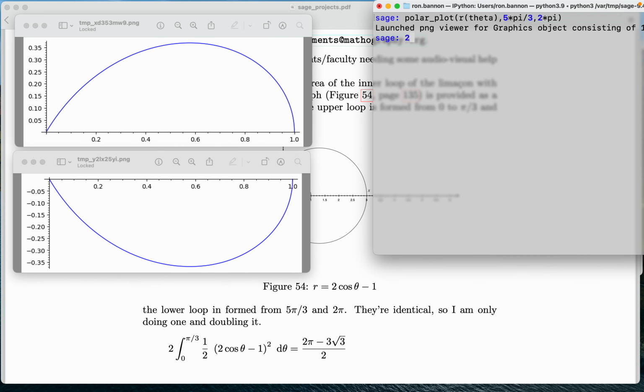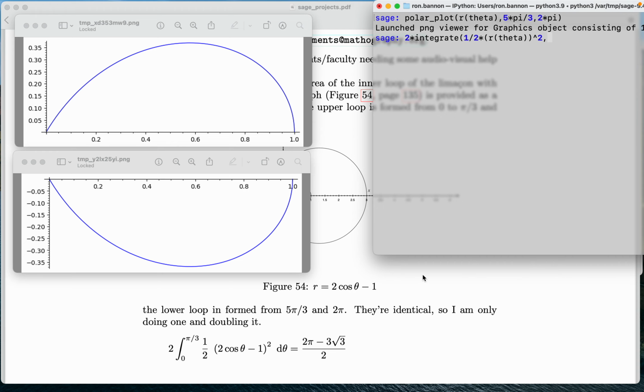So I'm going to say 2 star integrate, 1 divided by 2 star, and I'm going to be doing r of theta now, right? So r of theta, and I'm going to square that, and I'm integrating with respect to theta.